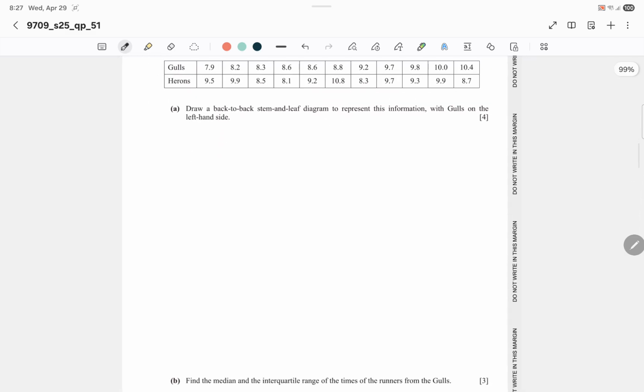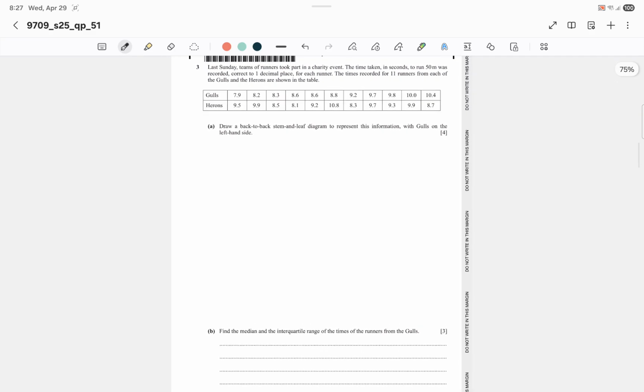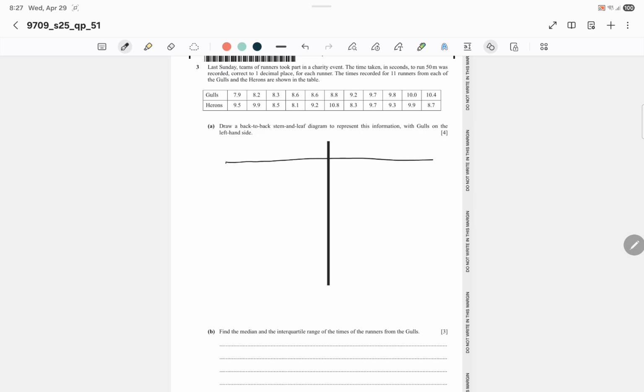Oh, and then we have a back-to-back stem and leaf diagram. Okay, so it's better to just label this now. Okay, do want to try this out. Okay, so we have a straight line over here, straight line over here. Then we can write one more line.